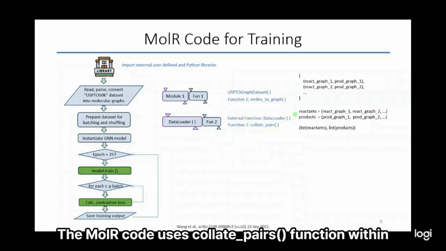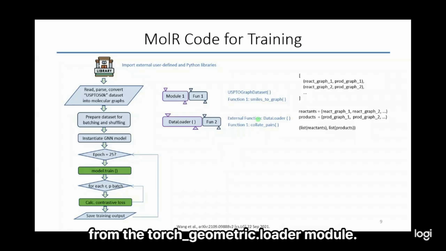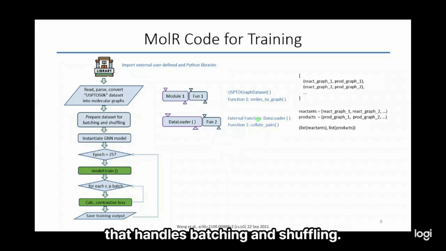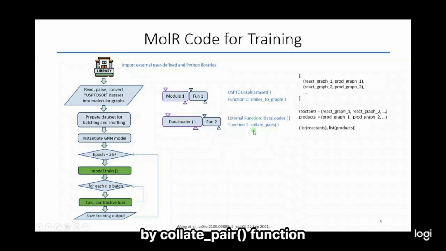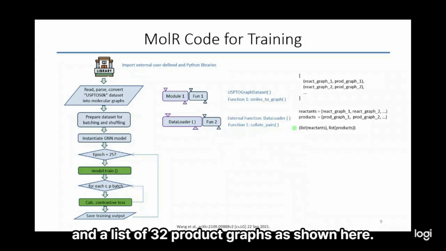The MolR code uses the collate_pair function within the DataLoader function from the torch_geometric.loader module. This wraps the datasets into a data loader that handles batching and shuffling. The batching behavior is defined by the collate_pair function so that each batch returns a list of 32 reactant graphs and a list of 32 product graphs, as shown here.